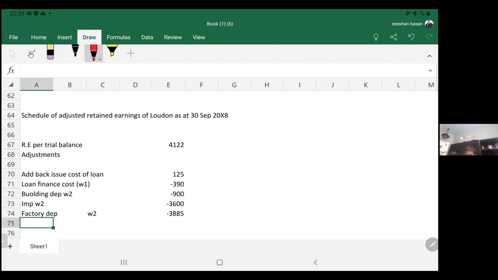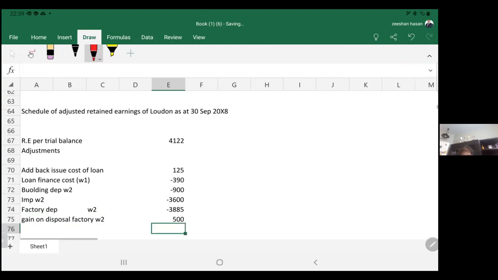Okay. Gain on disposal of factory, working two, what we will get, 500.